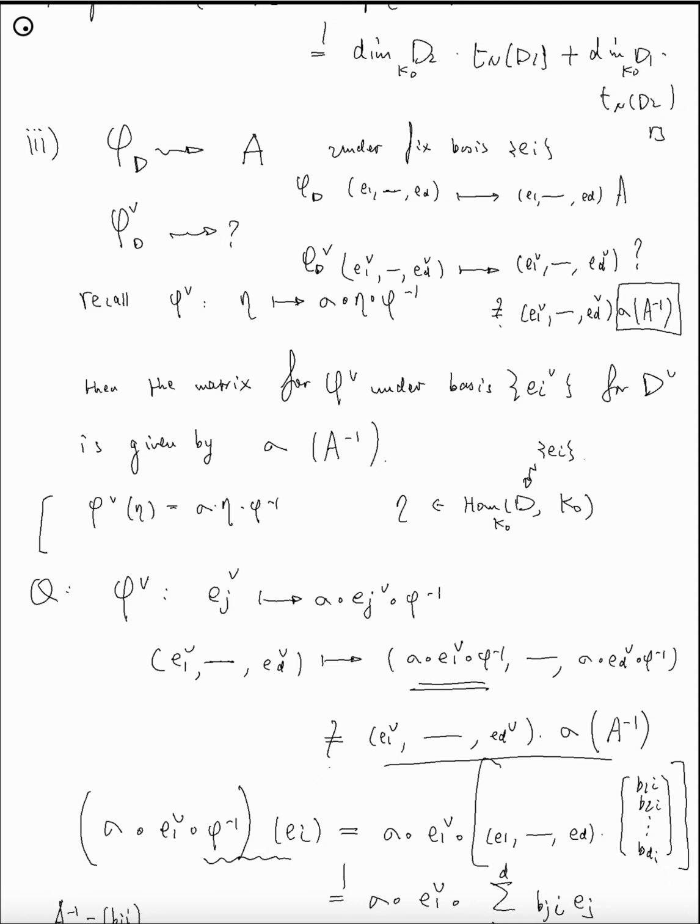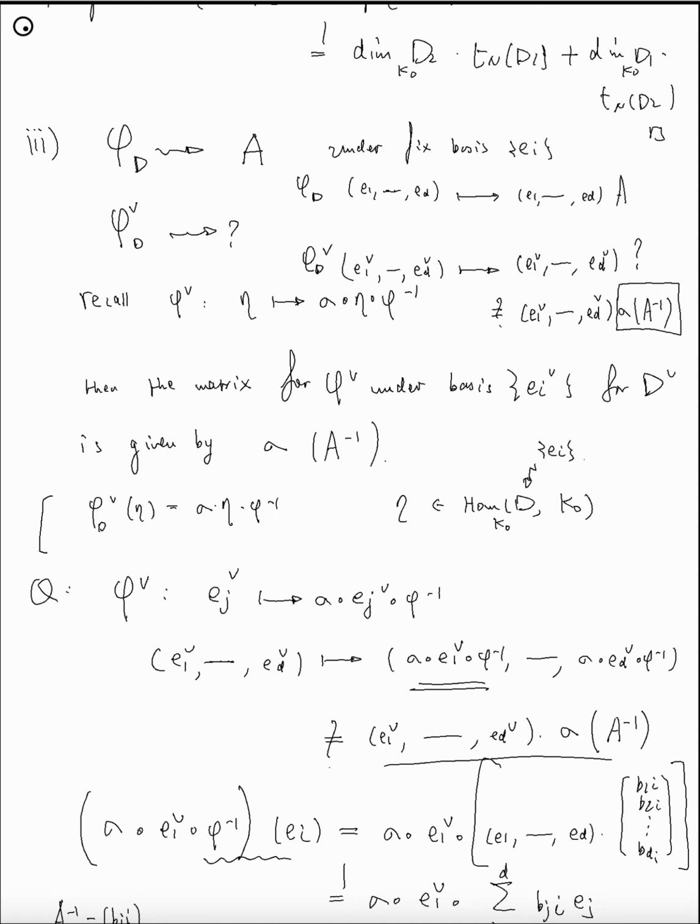So by definition, this phi d du acting on an element is given by sigma composed with eta composed with Frobenius inverse. In particular, it maps EJ du to sigma composed with EJ du composed with phi inverse.